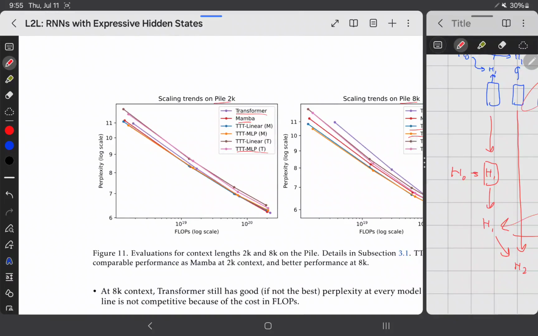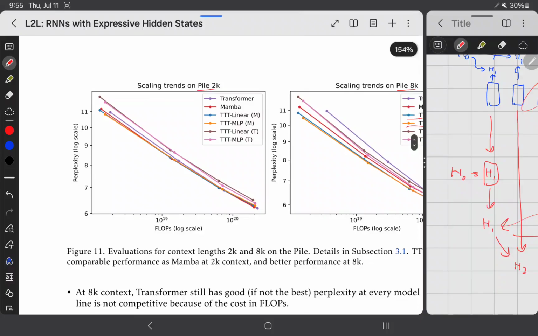But they measure the performance versus a transformer, Mamba, and their method with either a linear projection, so the square W, or the MLP, so the update rule in the hidden state as either a square W or an MLP, and using the Mamba backbone or transformer backbone, T.